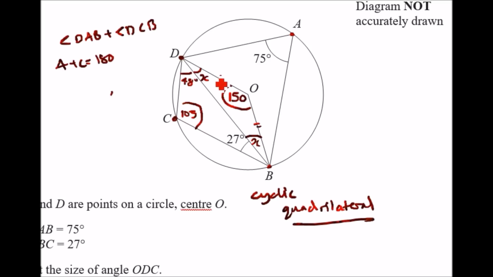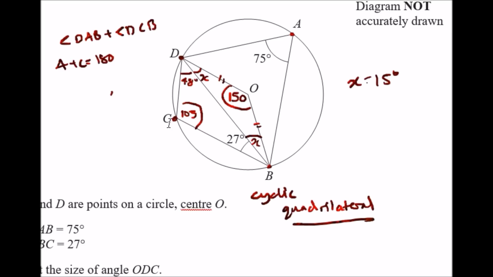Because this whole triangle adds up to 180, subtracting 150 we're left with 30 degrees. The X values are equal, so we divide 30 by 2, so X here equals 15 degrees.